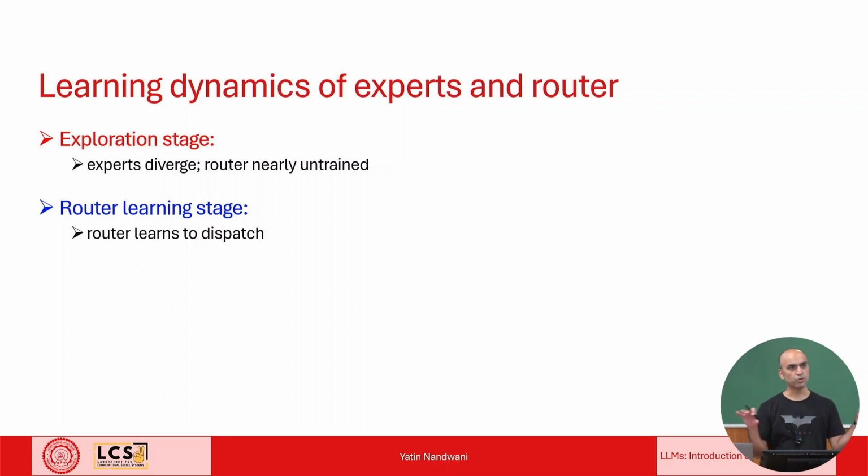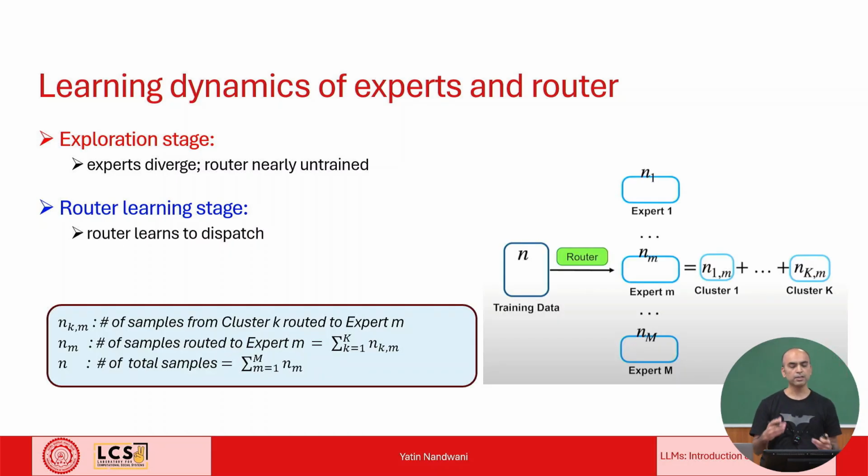So each expert will go to different points in the parameter space, and once that happens, when each expert is at a different space, then the router starts to learn, right? And how do they quantify and see whether the router is routing to the right expert, right?